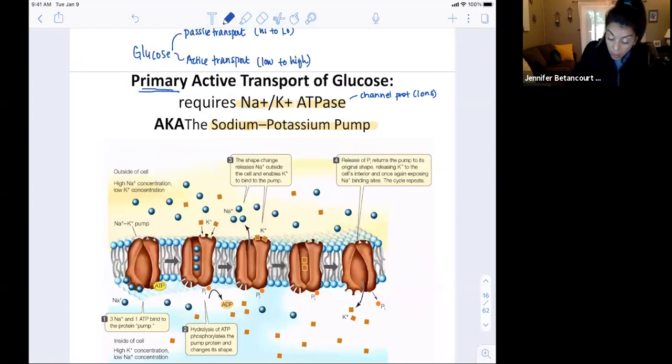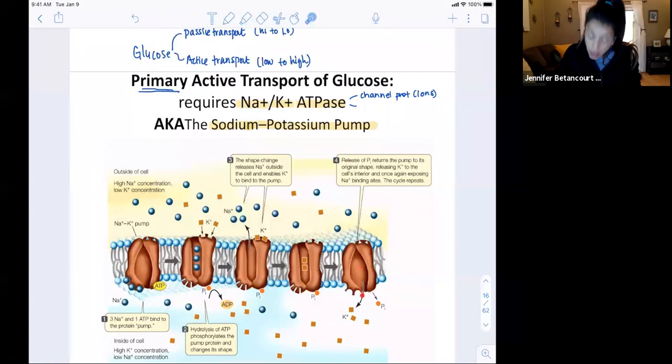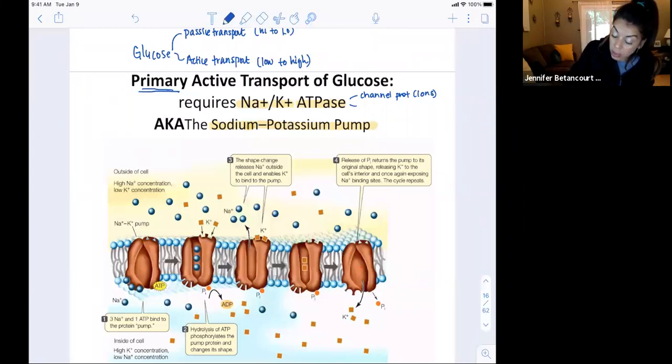So it's a different kind of channel protein. Next, you can see from the picture here, sodium is going one direction and potassium is going another direction. So not only can you classify this as a channel protein, but more specifically, you would classify it as an antiporter. Remember, I just said that active transport usually uses symporters and antiporters.